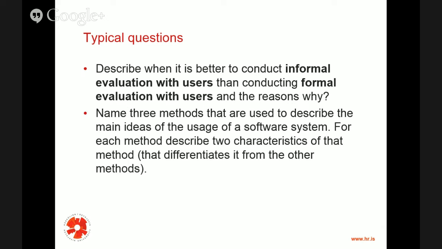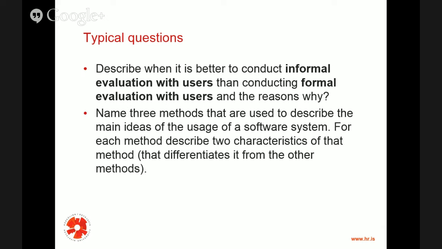Name means that you're only telling the name of it. You don't have to tell me so much. But the second sentence there says, for each method describe two characteristics of that method. So you take vision, and the first characteristic is this, the second is this, then 5W&H, the first is this, the second is this, and so on.